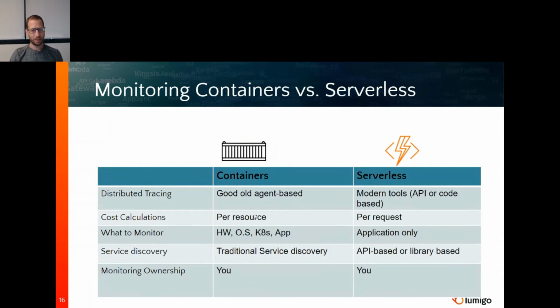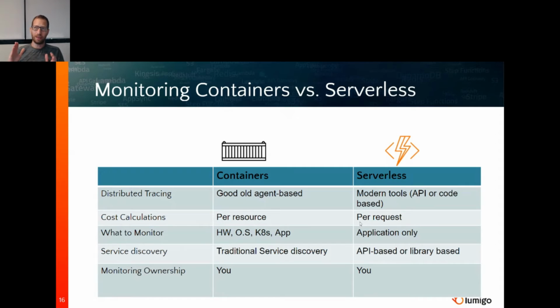We talked about that. In terms of monitoring the cost, you need to monitor resources in the containers environment as usual. I wrote it here because in serverless things are really different. You can actually put a price tag on a request very precisely. It's really going to change the way we think about costs in our cloud environment.